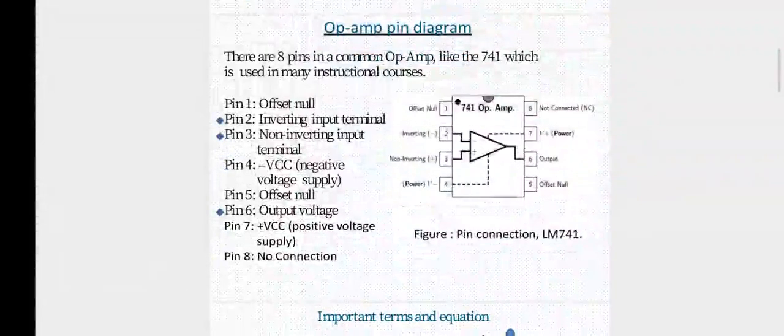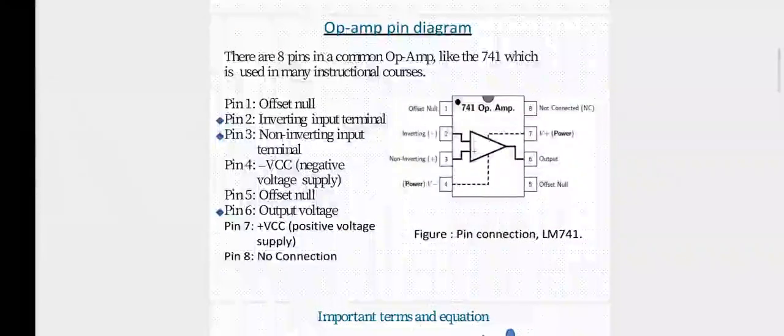Then this is the pin diagram of the op-amp. It has 8 pins. The op-amp is generally called the IC741. The number of the op-amp is 741, the integrated circuit 741, generally called the IC741. It contains 8 pins. The first pin represents the offset null.